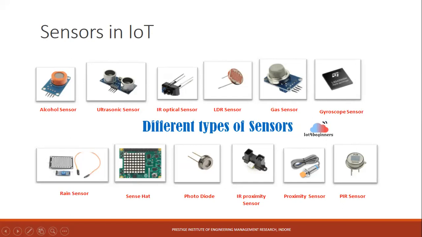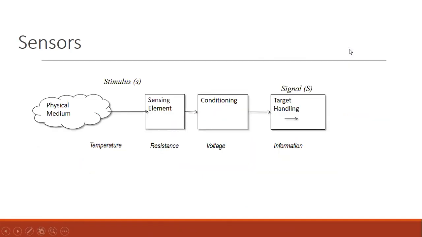Inside this sensor, there are some blocks, some components. There are different blocks which are responsible for the action. What action? That is the conversion of physical quantity into electrical quantity. So what are those blocks?